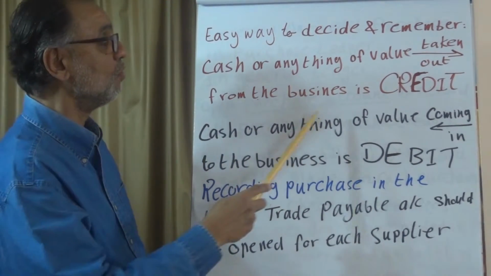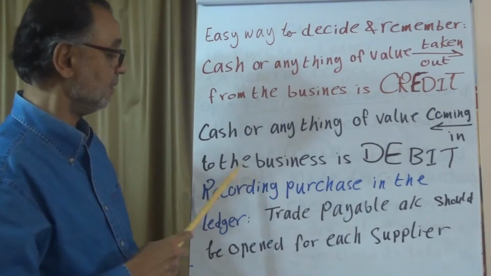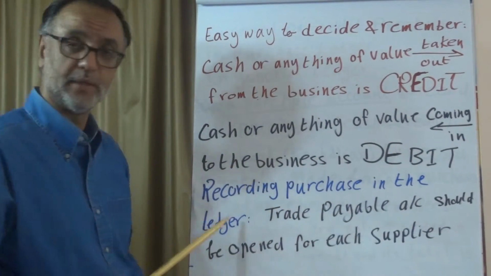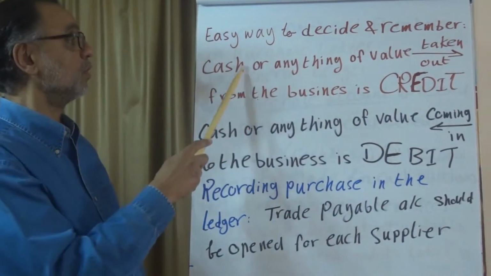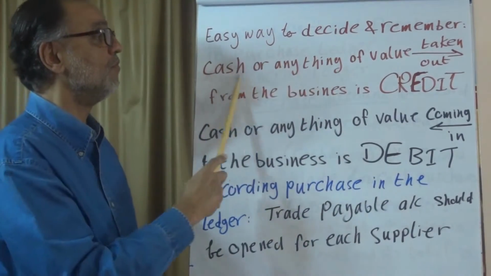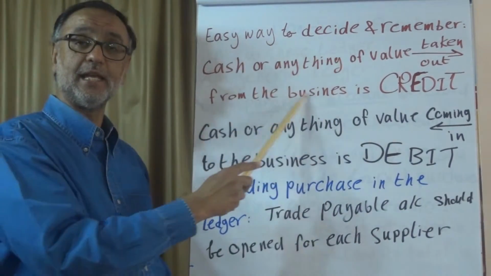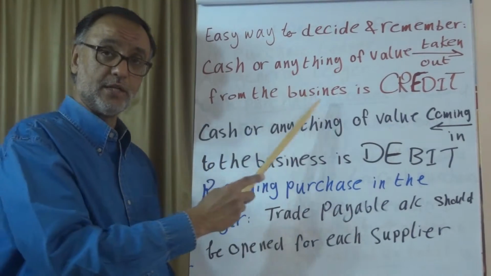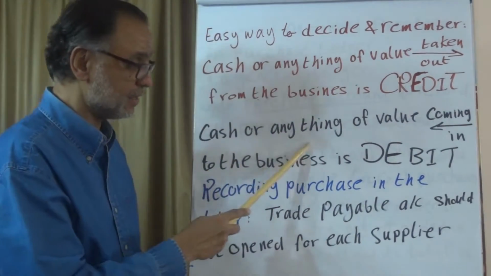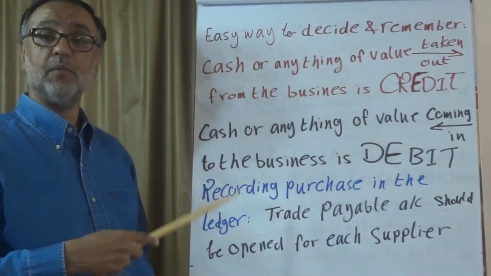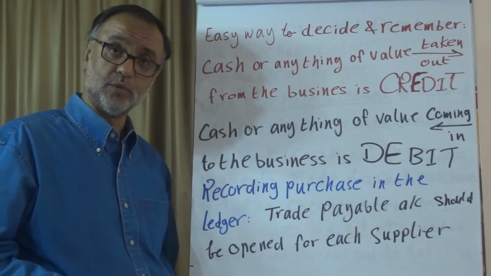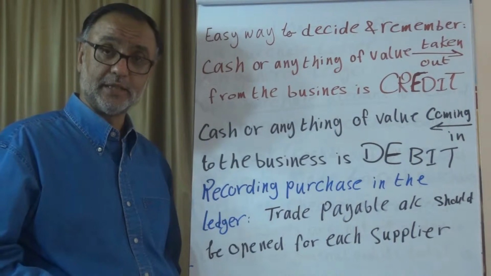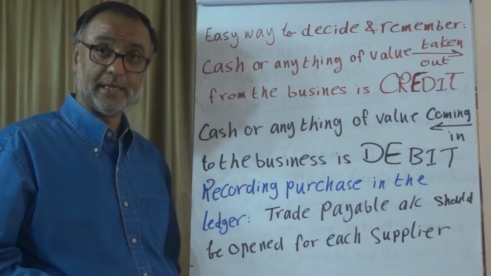Cash or anything of value coming in to the business is debit. So we are talking about cash or anything of value, that is an asset. Anything taken from assets is credit. Anything added to assets is a debit. But in any entry, the party who's giving is credit and the party who's taking is debit.